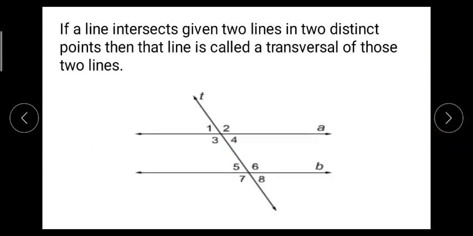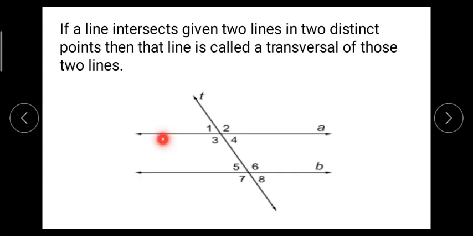Your second point is, what is transversal? Take out page number 7. See the heading transversal. Okay. See the bold lines. On page number 7, if you see, a bold line is there. So that line you have to write down, the meaning of transversal, and the diagram which is given alongside in your textbook, that you have to draw.